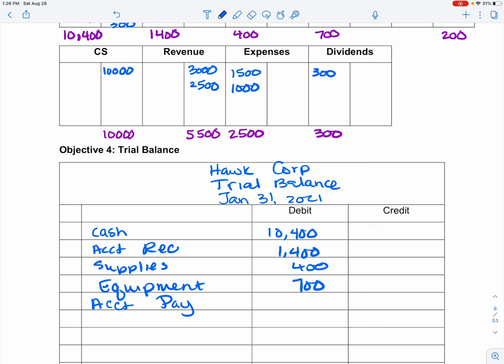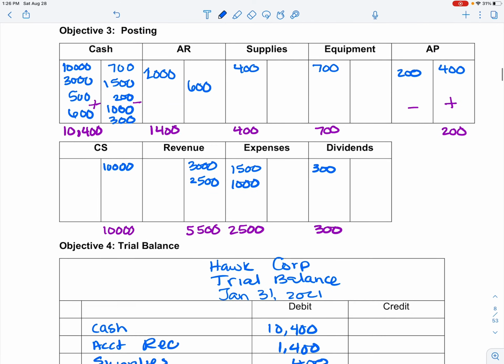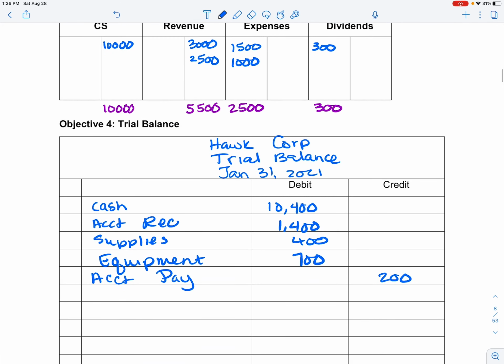And that has a credit balance of 200. I have common stock. That has a credit balance of 10,000. I have revenue. A credit balance of 5,500.